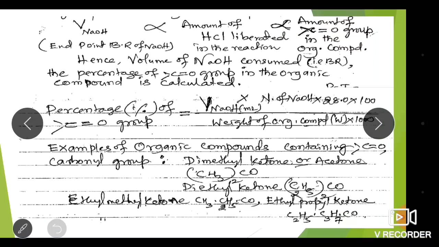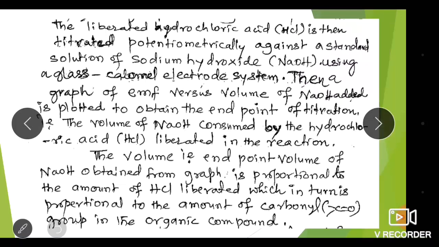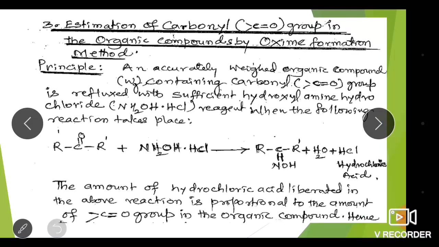So this is about how this oxime formation reaction is used, or how this method is used, to identify or to estimate the amount of carbonyl group in the given organic compound. An accurately weighed organic compound, W gram, containing carbonyl group is refluxed with sufficient hydroxylamine hydrochloride reagent.